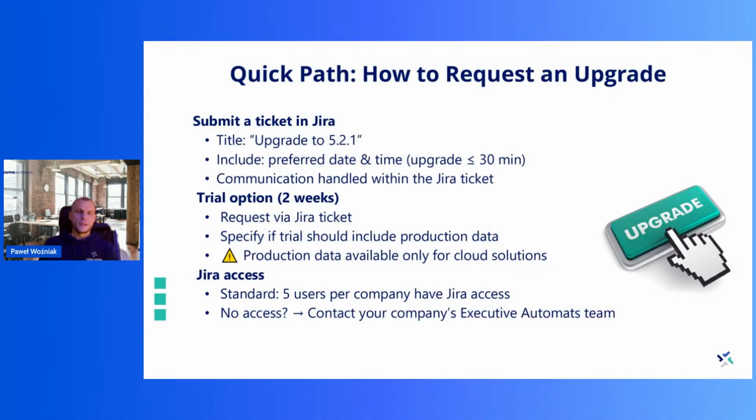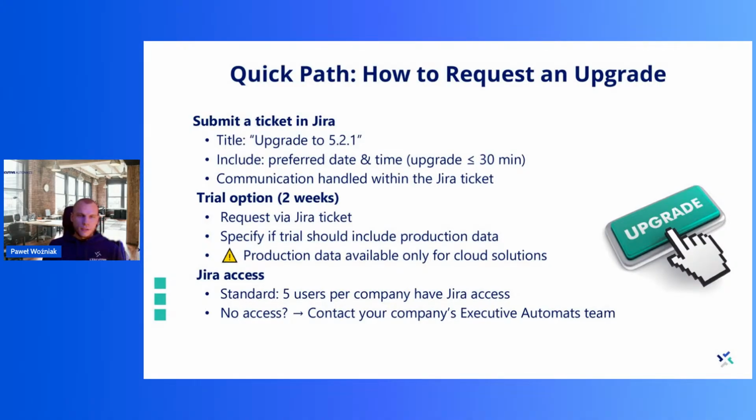Just create a ticket and include your preferred date and time. Upgrade sometimes takes just a minute or two, but usually we require a 30 minute window for the update. So please give us a suitable date and time for your update. The whole communication is done under the Jira ticket, so everything is in one place.